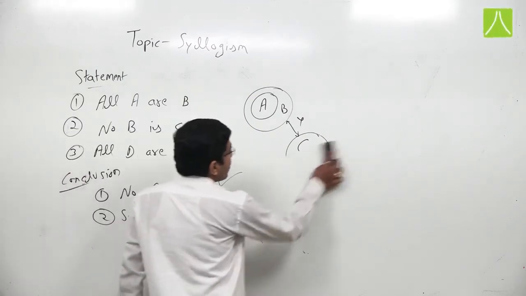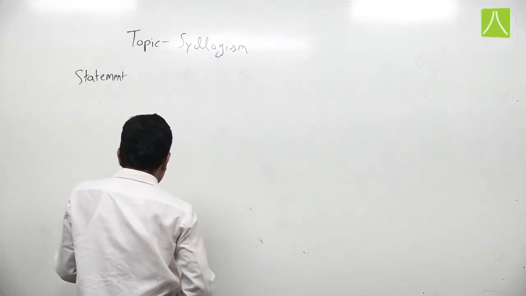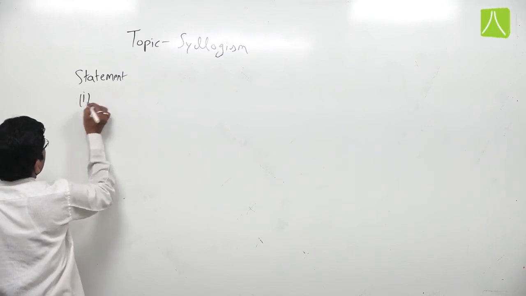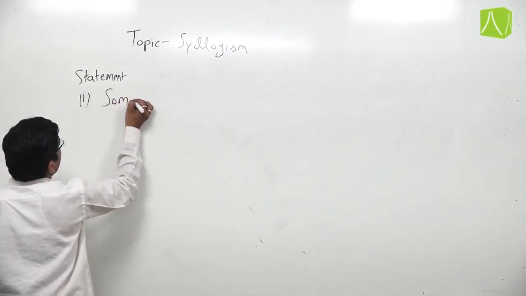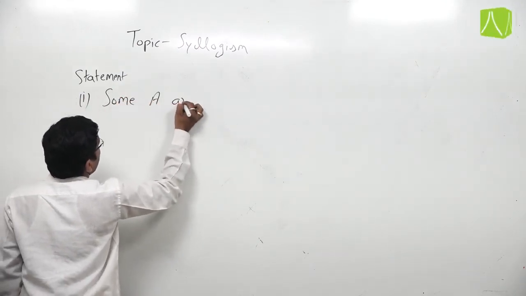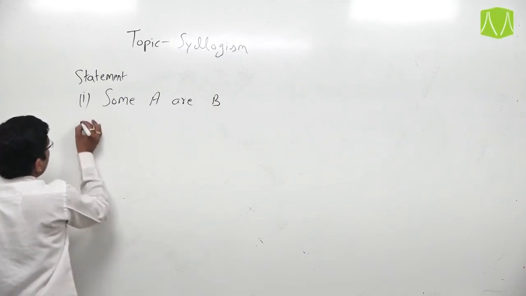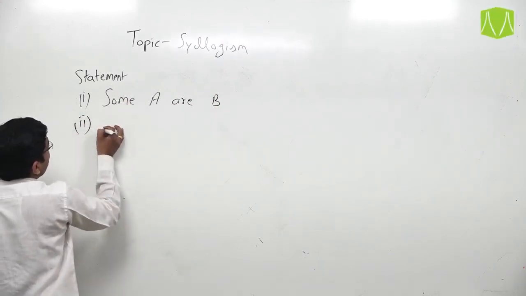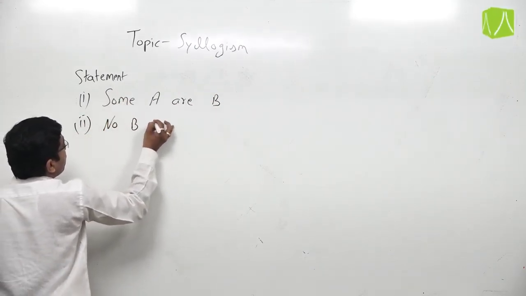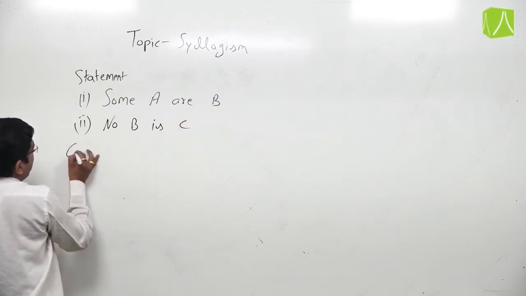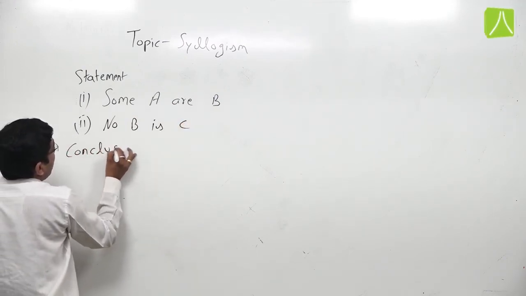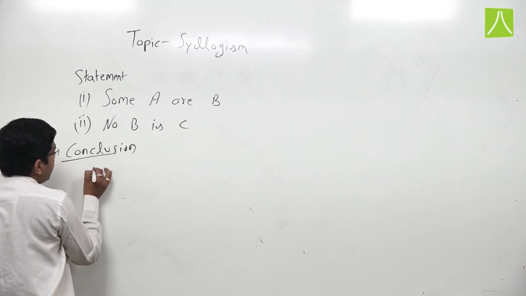Now take the next example. Our statements are: some A are B. Second, no B is C. Now we have to check the conclusions.